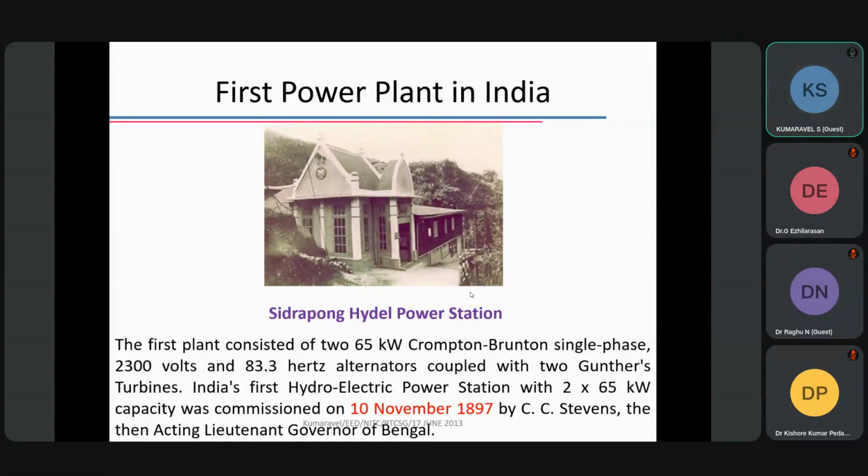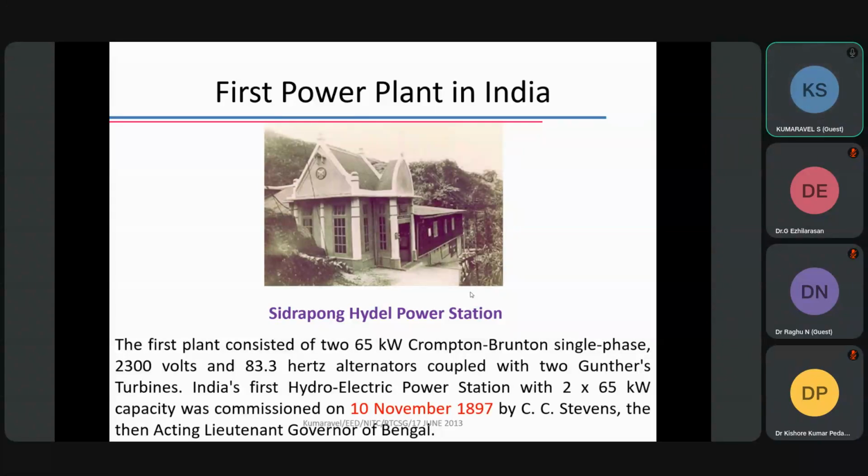It was not standardized. In fact, it was 2300 volt, 83.3 hertz. The ratings and the parameters were not standardized at the time. But they used AC in the year 1897, not only in India, maybe throughout the world.